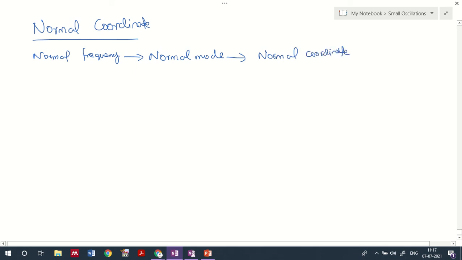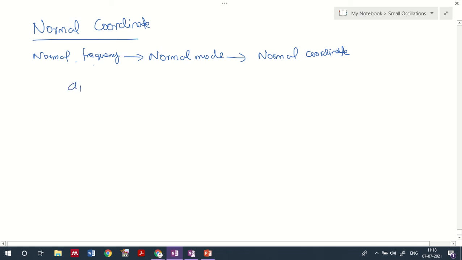For a triatomic molecule we found the normal frequency, then the normal modes, and now we come to the normal coordinate associated with the linear triatomic molecule. The example we have taken for today's discussion is carbon dioxide, CO2.